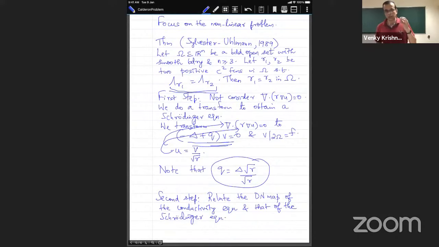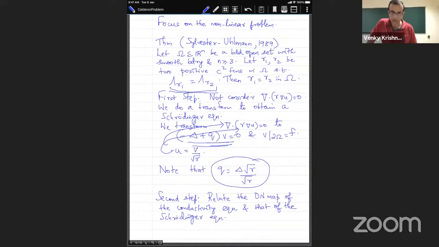Now, one thing that I want to emphasize is that if gamma is the original conductivity, bounded below by a positive constant, then that is well posed. But in general, this minus Laplace plus QV is not well posed. For instance, you take Q to be a Dirichlet eigenvalue, so it's not going to be well posed.